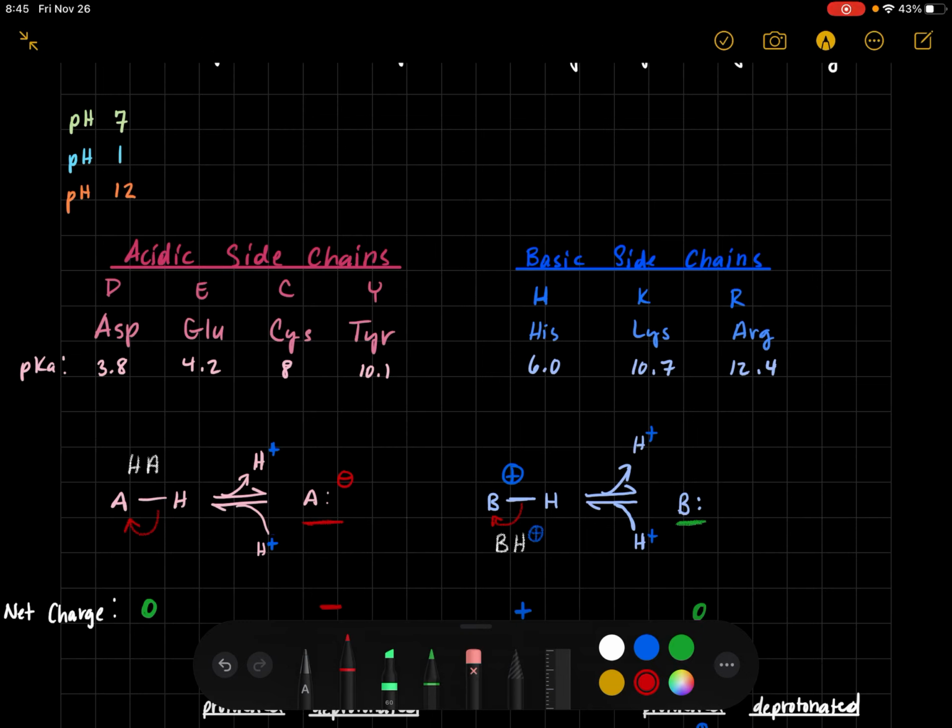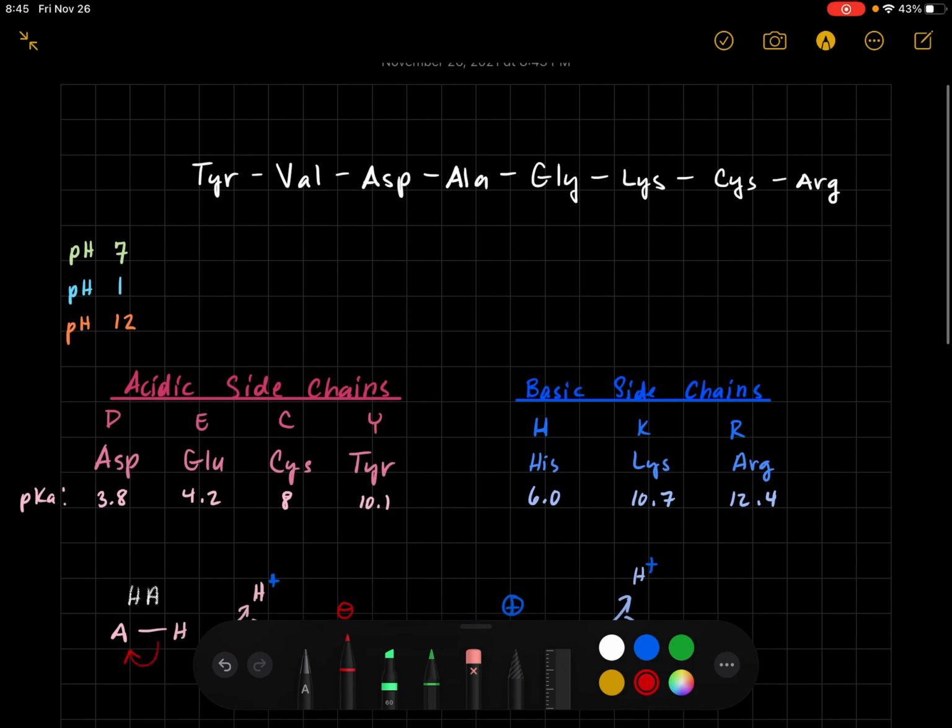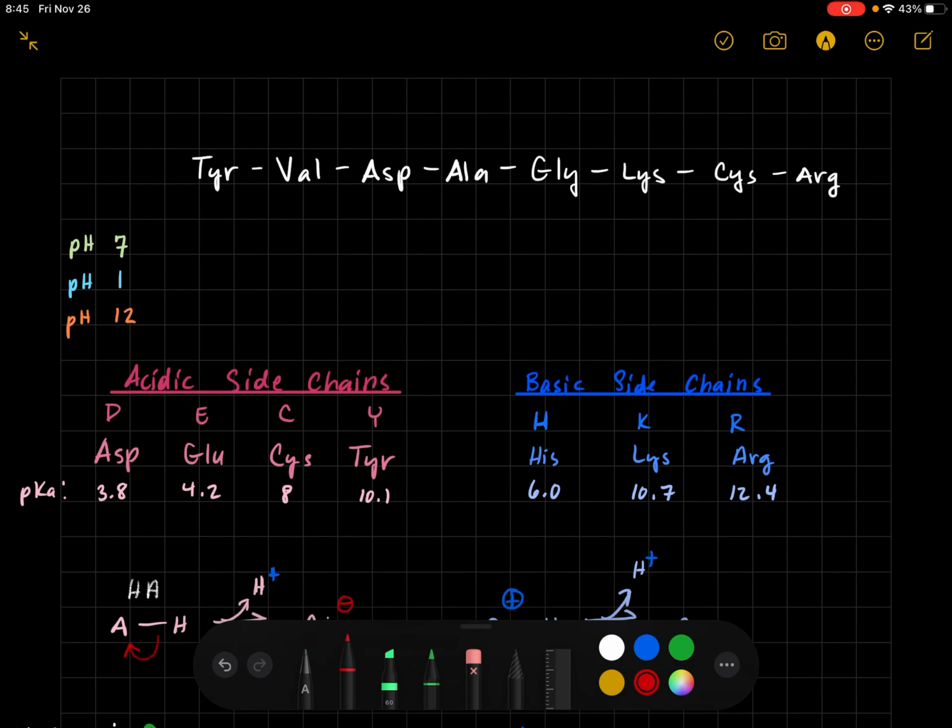However, histidine's pKa makes it very versatile in terms of protonation state, and it is very responsive to acute changes in pH.